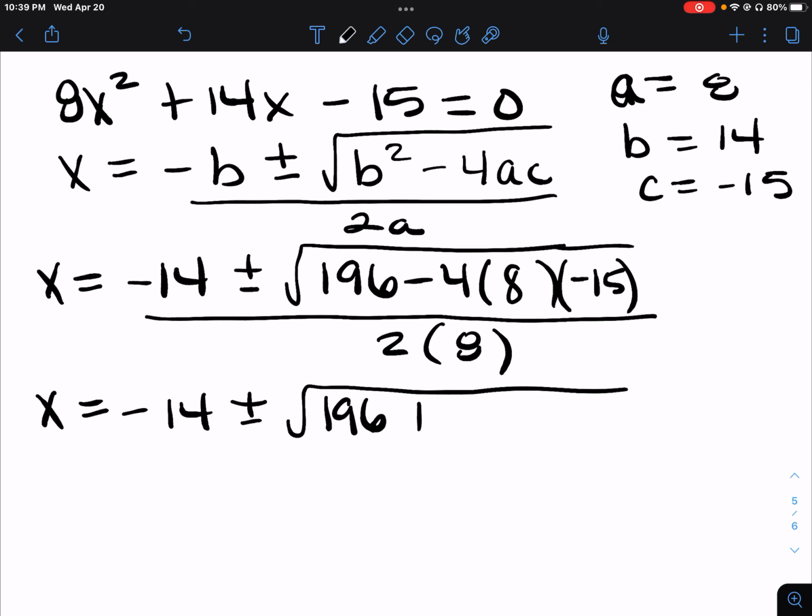Okay, I am going to have to get a calculator for that. Did I really take my calculator off of here?